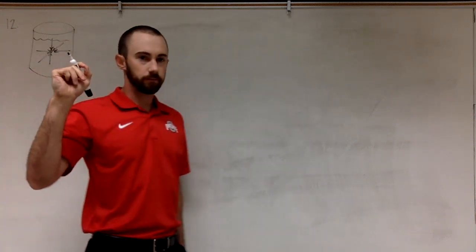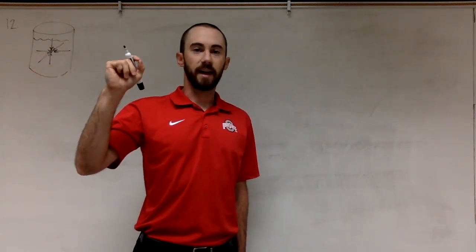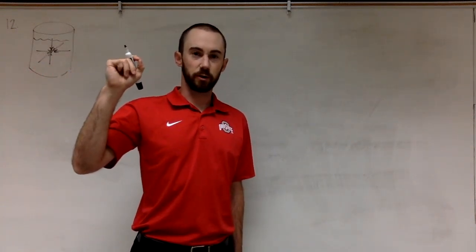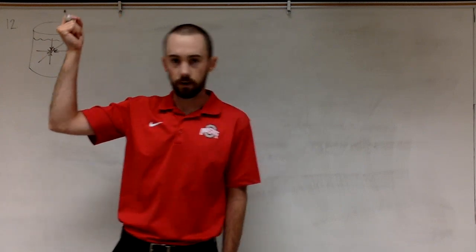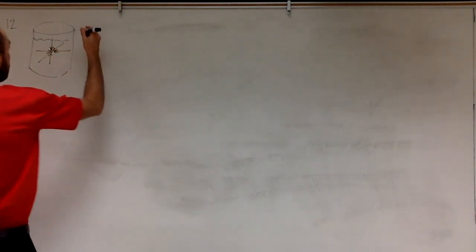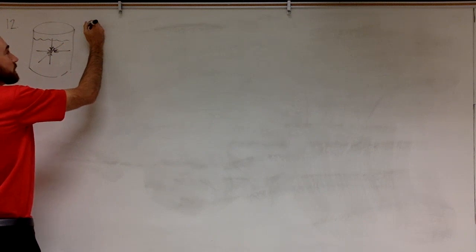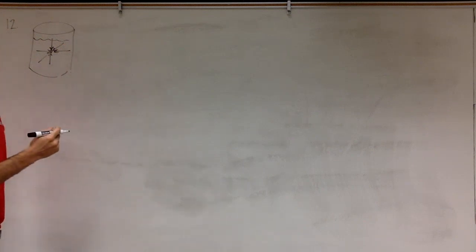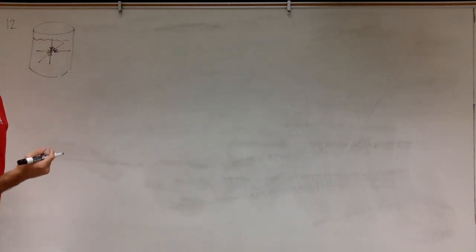But think of it this way. If I put an object in water, and I let it sit there, and it had a different force on it from a different direction, it would move. There'd be a net force on it. So basically what it's saying is there is a net force of 0 on objects that are underwater as long as they're not moving.